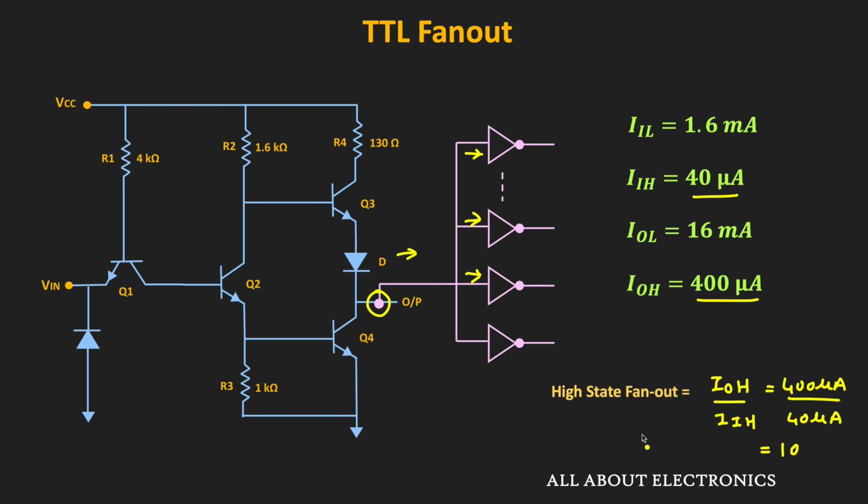And according to those values, we can decide how many logic gates we can connect at the output side. But for these TTL logic gates, the value of the high state and the low state fan out is equal to 10. So if we connect more than that number of logic gates at the output, then the performance of the logic gate is not guaranteed. So that is the noise margin and the fan out of the TTL gates.